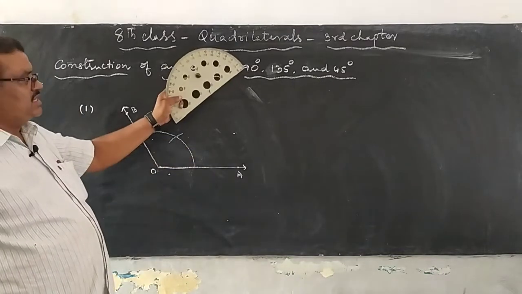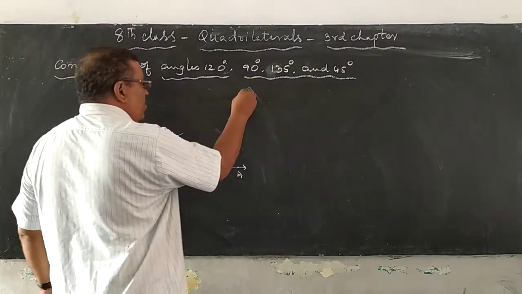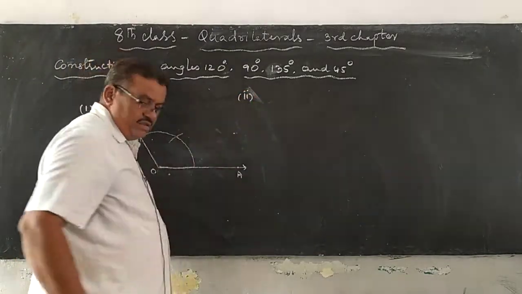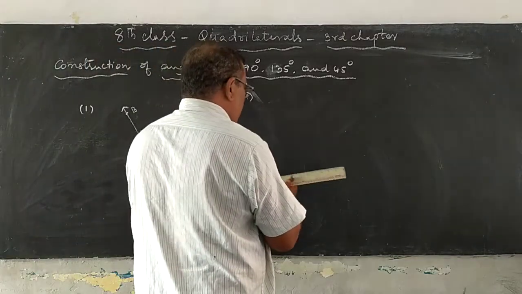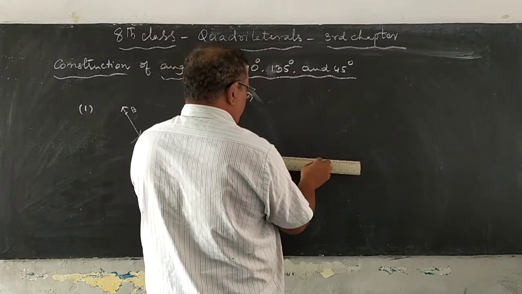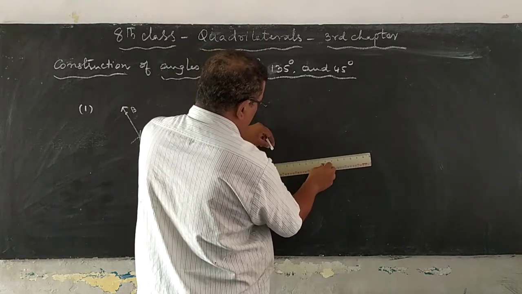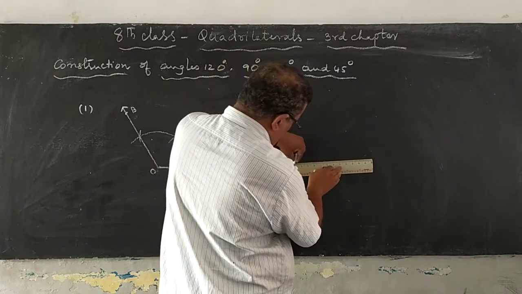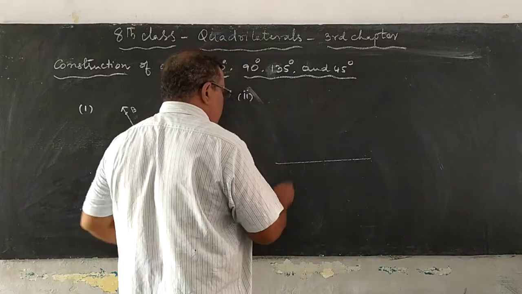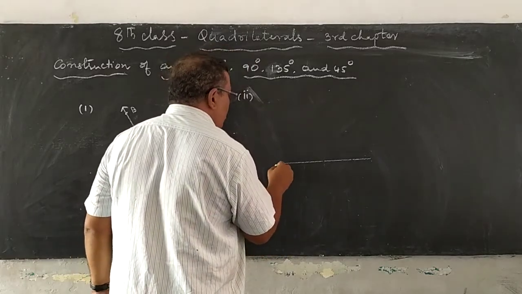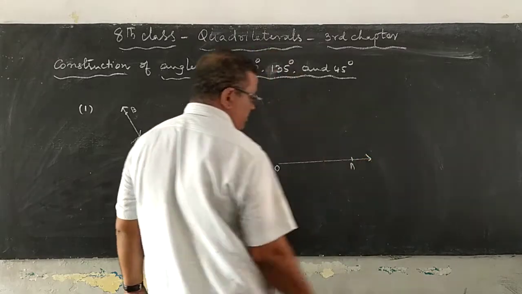Now we are going to discuss construction of angle 90 degrees. So the second angle, how do we have to construct that angle? Same as the previous model only. First of all, draw a ray. This is O, this is A, some convenient radius.